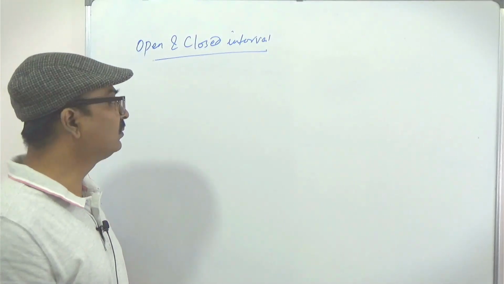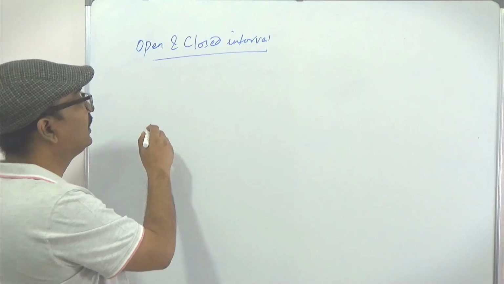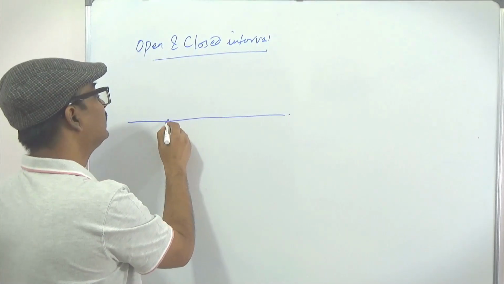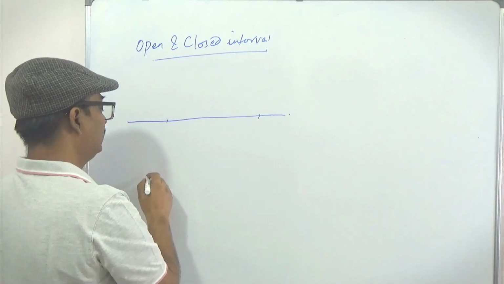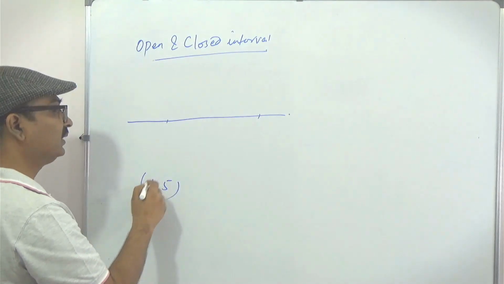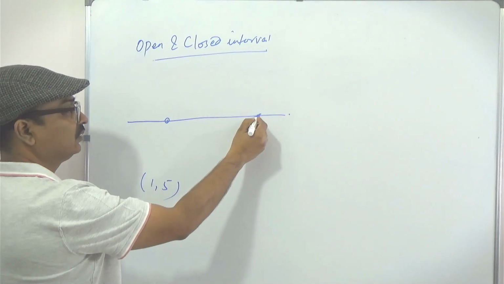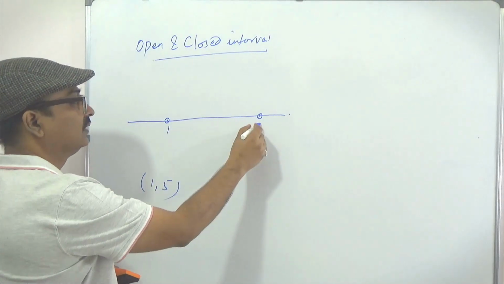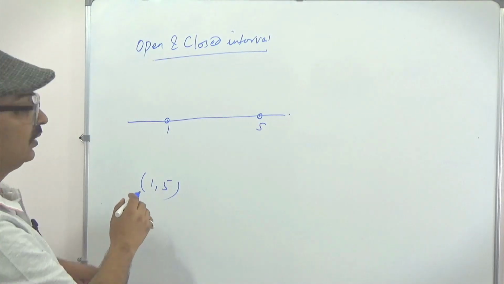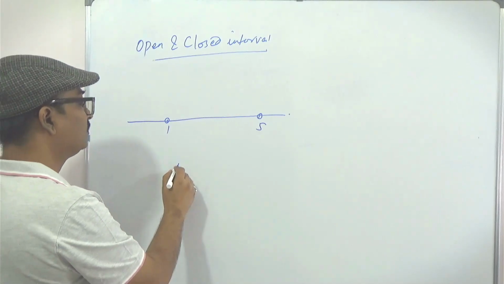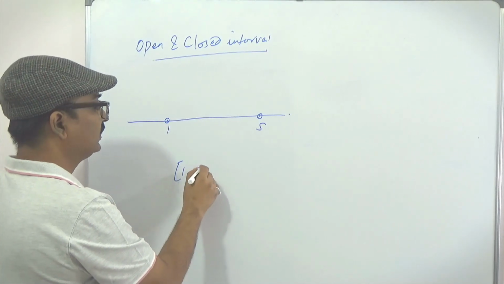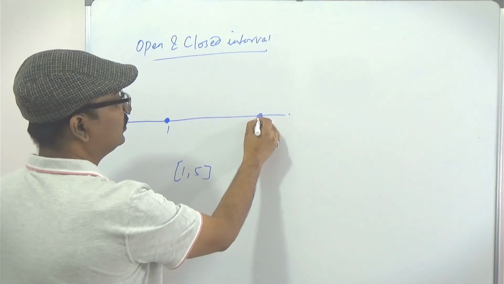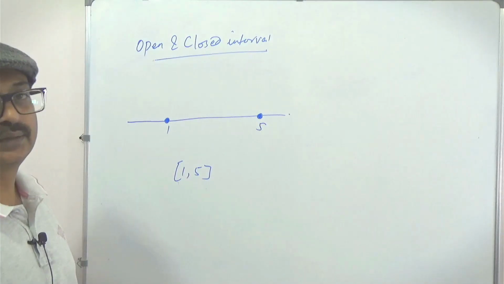And one more thing about this, how do we represent it on the number line? If this is the number line, this is 1 and this is 5, then for the open interval (1, 5) we write small open circles at 1 and 5. But for closed intervals, it is a shaded dot.